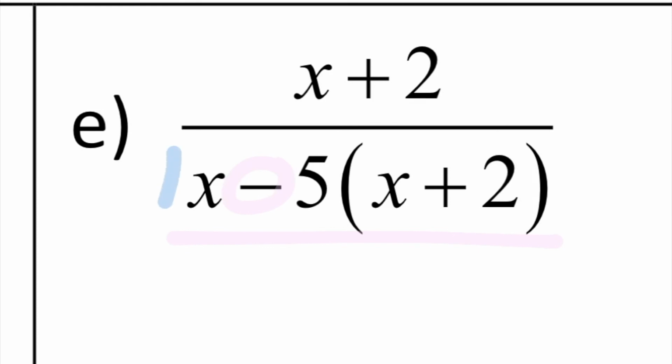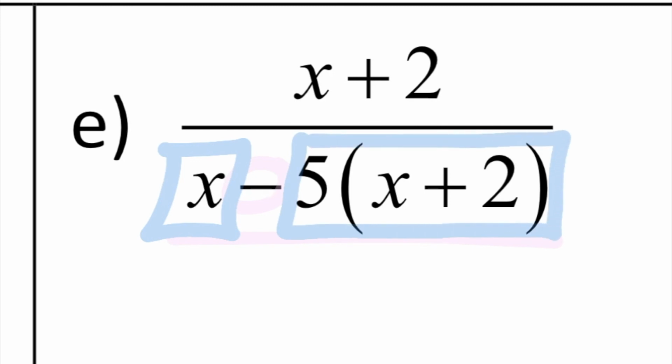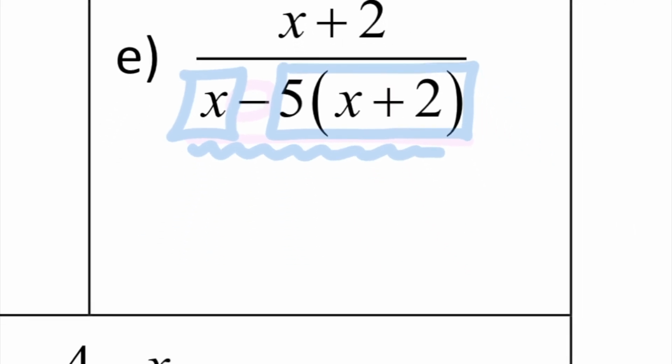This problem says this thing called x minus this whole thing called 5 times x plus 2. And since the biggest problem is a subtraction, you cannot cancel. And this whole entire denominator can't be factored at all. And so your answer here is, again, already completely simplified.